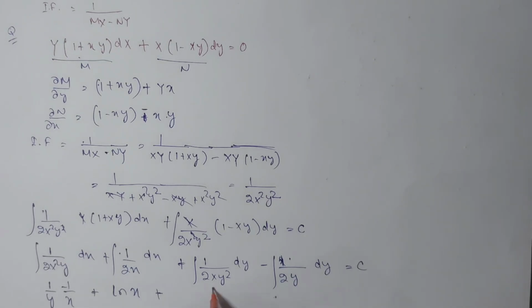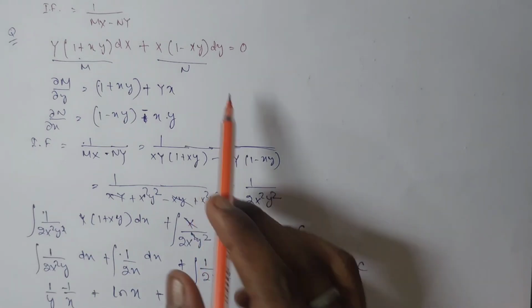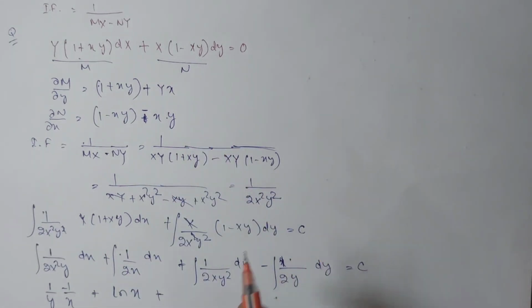This term contains an x term, so the integration becomes 0, as we already discussed in the previous class, that all the N terms which contain x have integration 0 in this type of exact differential equation form.